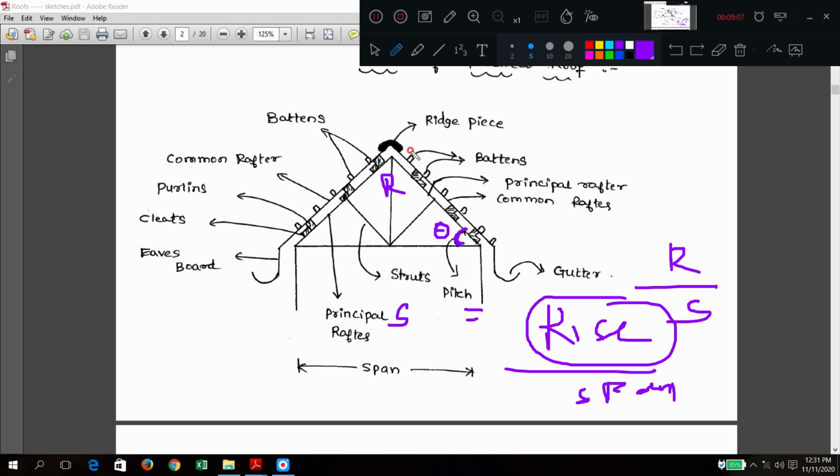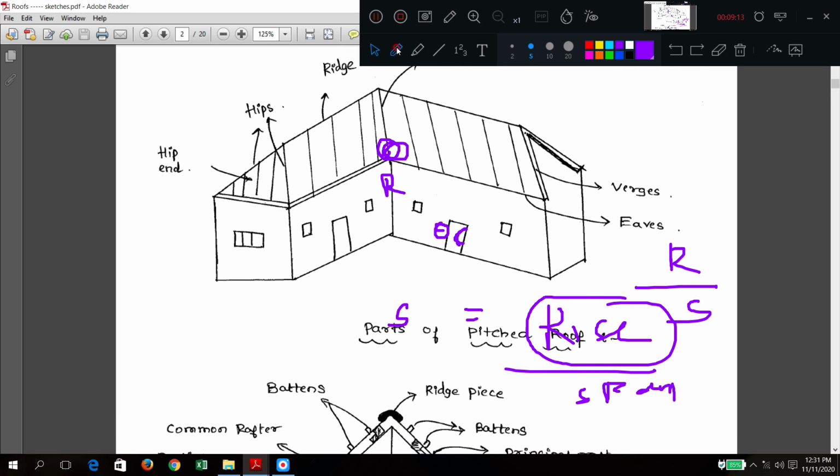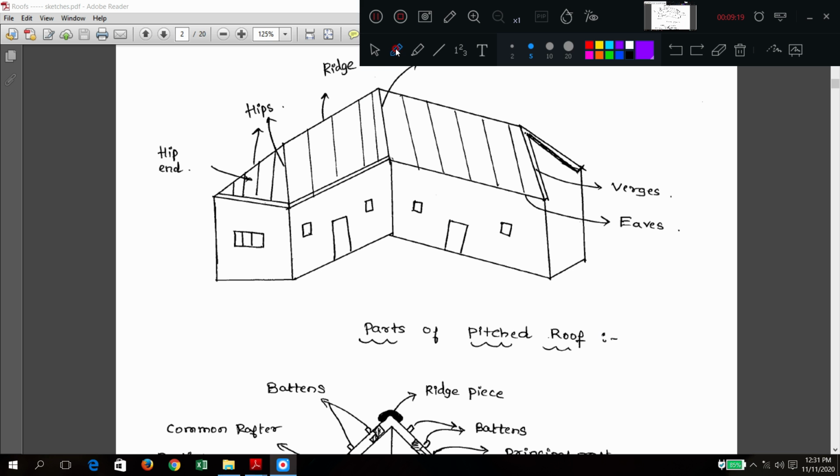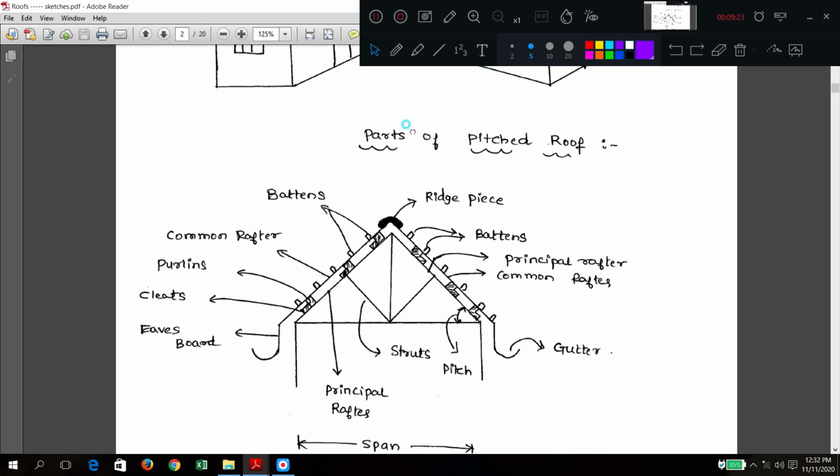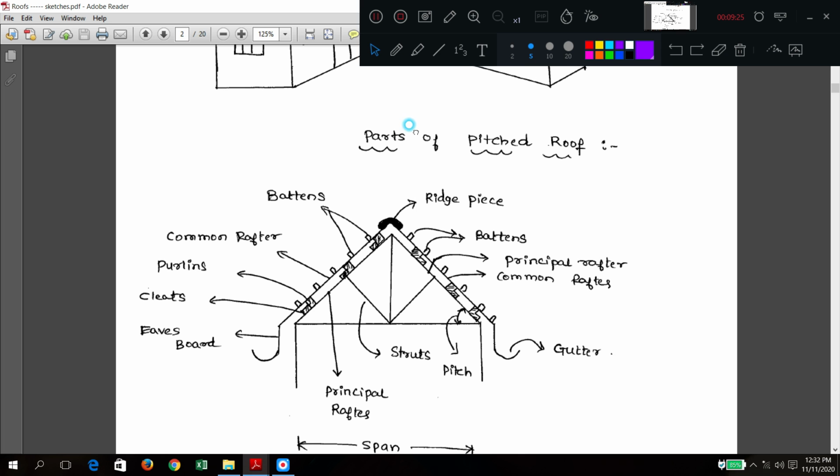Ridge. In this cross section the ridge will appear like this, but in this one the ridge line will be like this. I hope it is clear now. Ridge is nothing but the apex point. How is that ridge formed?